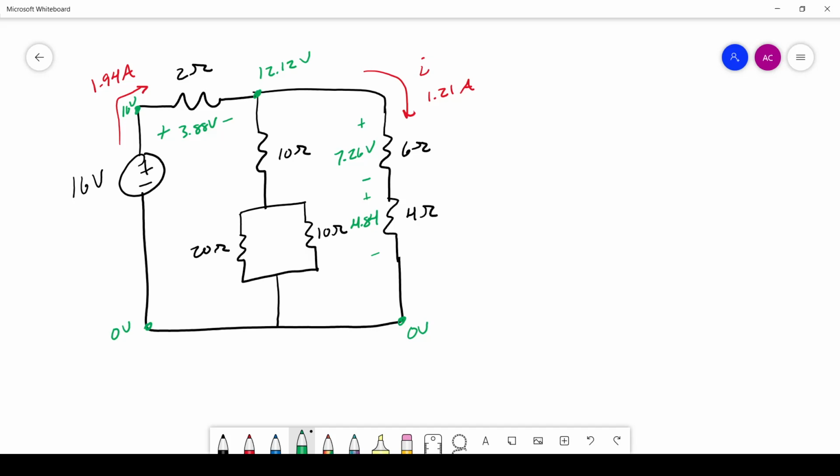Okay? So let me sanity check these numbers real quick. 4.84 plus 7.26 gives us 12.1, which is a good enough approximation because we were already approximating. So 12.1, 12.12, that's a gimme. You're pretty close to it.